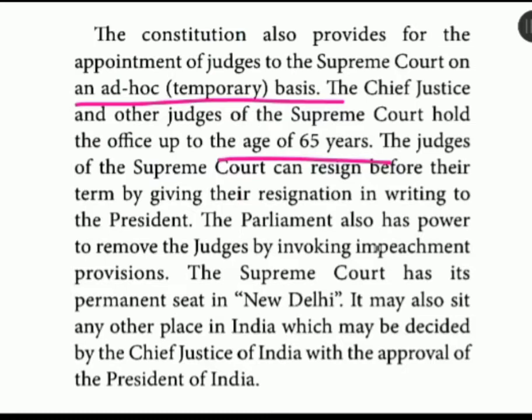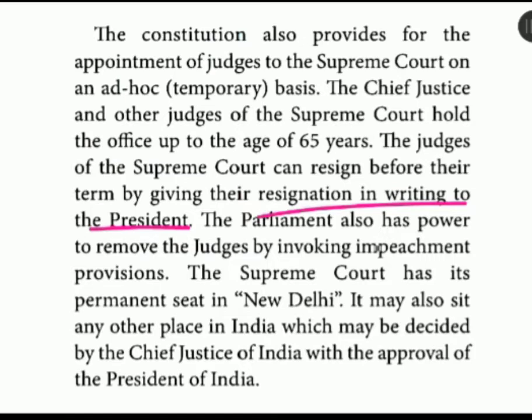Then judges of the Supreme Court can resign. That is their interest. When they are resigning, they have to hand over the resignation letter to the President, because the President only appoints these persons. That's what I am telling.